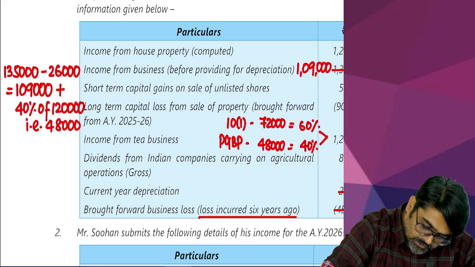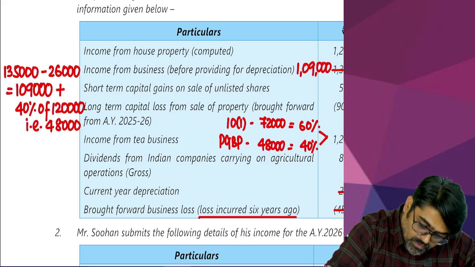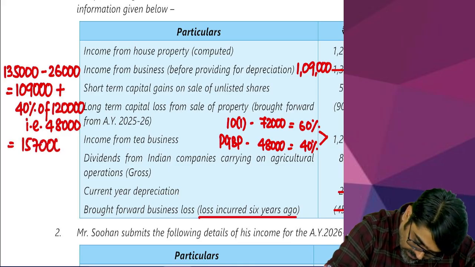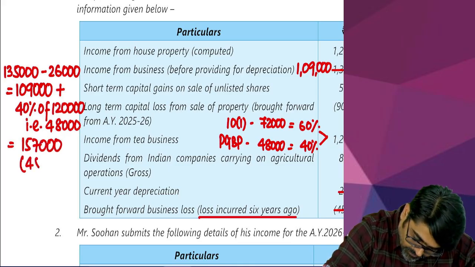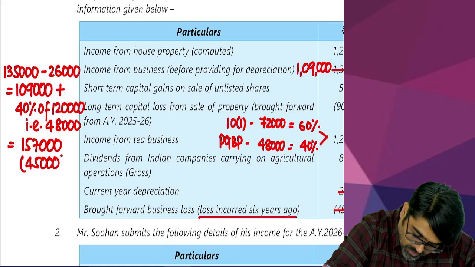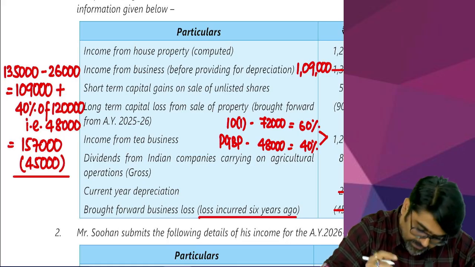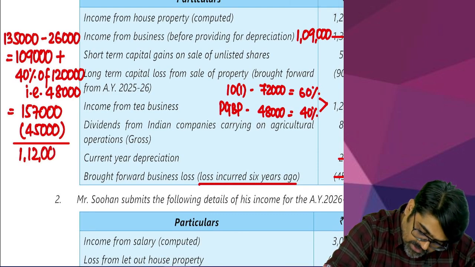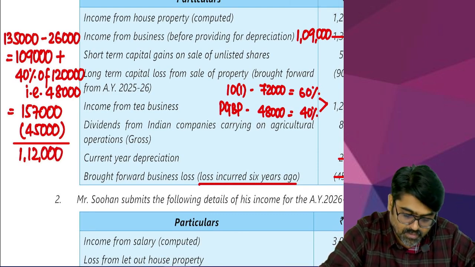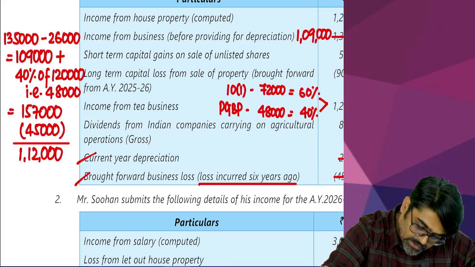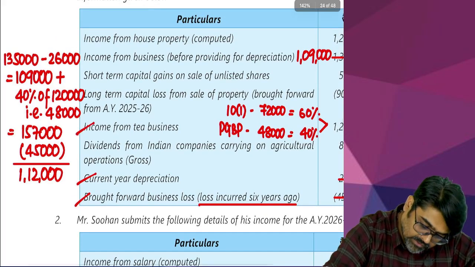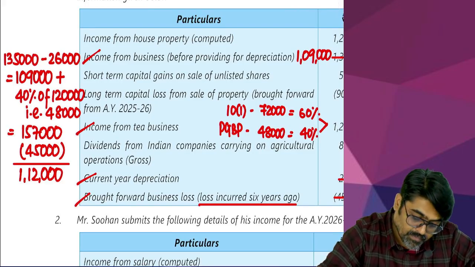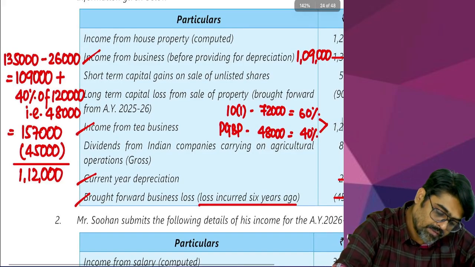Done, sir? So that was 1,57,000. And out of that 1,57,000 you are taking the set off of brought forward business loss, 45,000. How much? 1,12,000 is your PGBP income for this year. Okay. So this is done, and this is also done, and this is also done. Yes, sir? Yes, sir. So do you have income from salary?